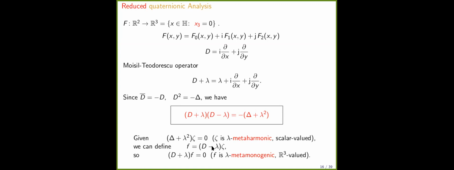If you take any solution of the Helmholtz equation, in other words, zeta is a lambda metaharmonic function, a scalar valued function, we apply D minus lambda to it, giving an R3 valued function f, then D plus lambda of f is 0, and we say that f is lambda metamonogenic, taking values in reduced quaternions.